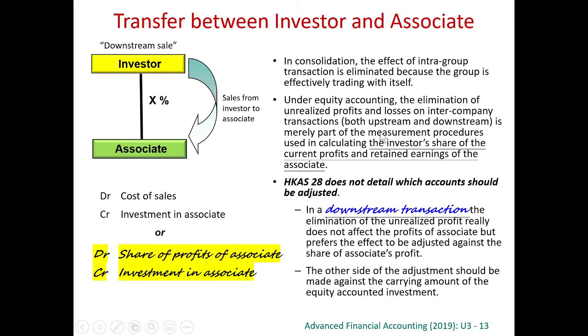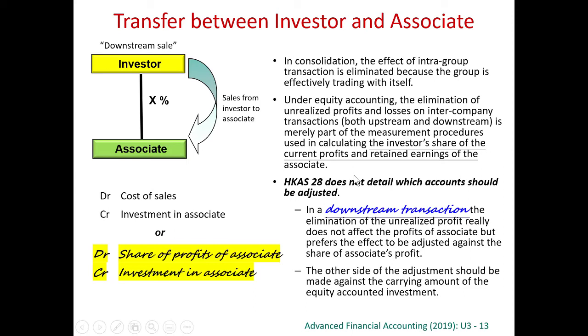As I've said before, basically this is just a measurement procedure. For an associate, we don't consolidate. Therefore, we do not include the sales, cost of sales, depreciation, amortization, administrative expenses, or anything of the associate in our financial statements. Instead, for everything in the profit and loss, we simply share the profit of associate. Anything related to the balance sheet, we only include in the investment in associate.